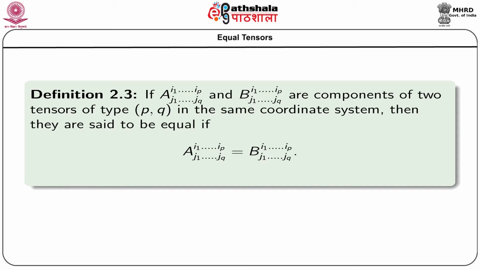That means A^{i1 i2 ... ip}_{j1 j2 ... jq} is equal to B^{i1 i2 ... ip}_{j1 j2 ... jq}. So, in the first three definitions, we just see how the addition and subtraction of tensors are done, how the multiplication with a scalar can be done, and what is the definition of equal tensors.